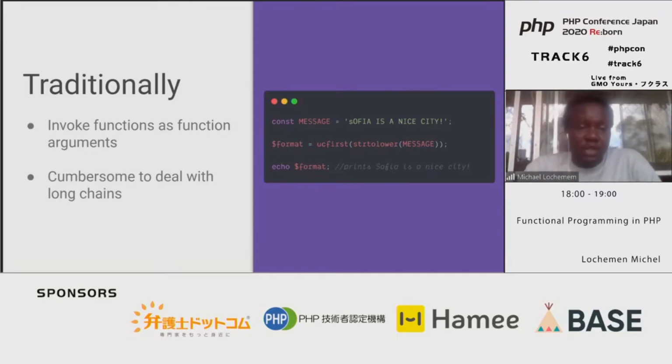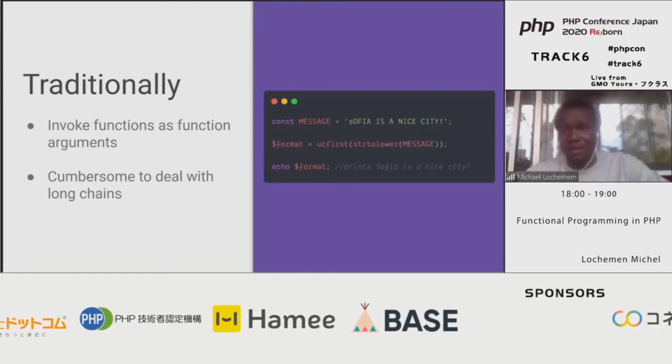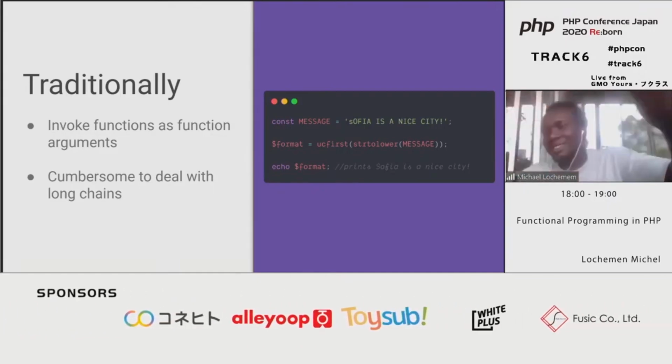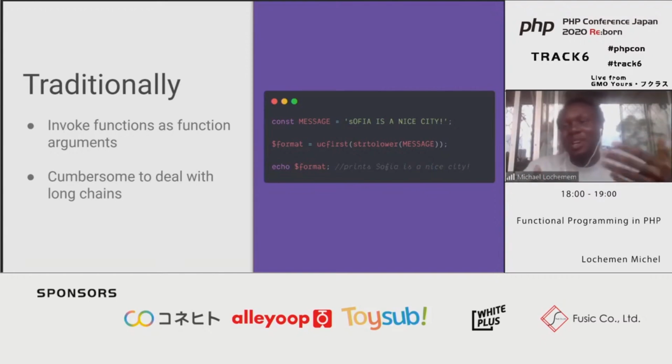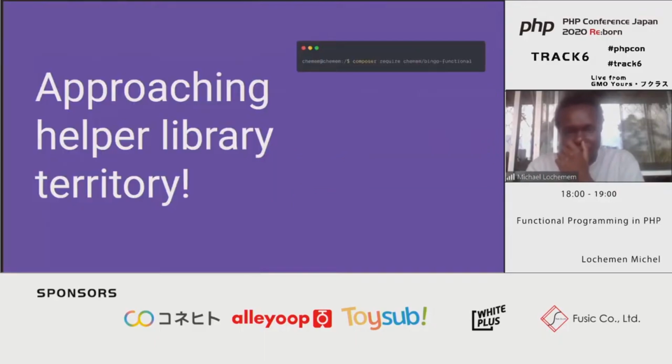This can get cumbersome to deal with, especially if you have long function chains. This is still absolutely valid, and this is something that you get from functional programming. So whenever you're doing this, you are in many ways using a functional programming technique. You're doing a lot of these things inadvertently, right? So it can get cumbersome to deal with long chains when you're writing like this.